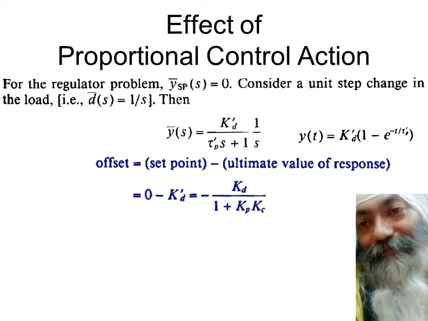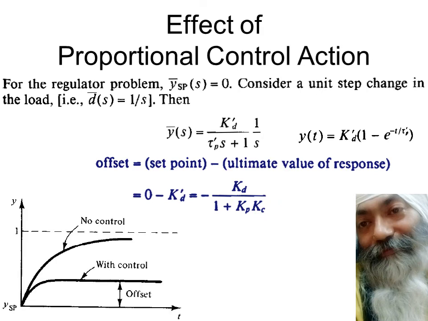But diagrammatically this can be represented in a different manner. As you can see, if you give a change in the load, then under no control conditions the response is going to rise up and up, but with control it's going to be contained. It's not going to go that high.